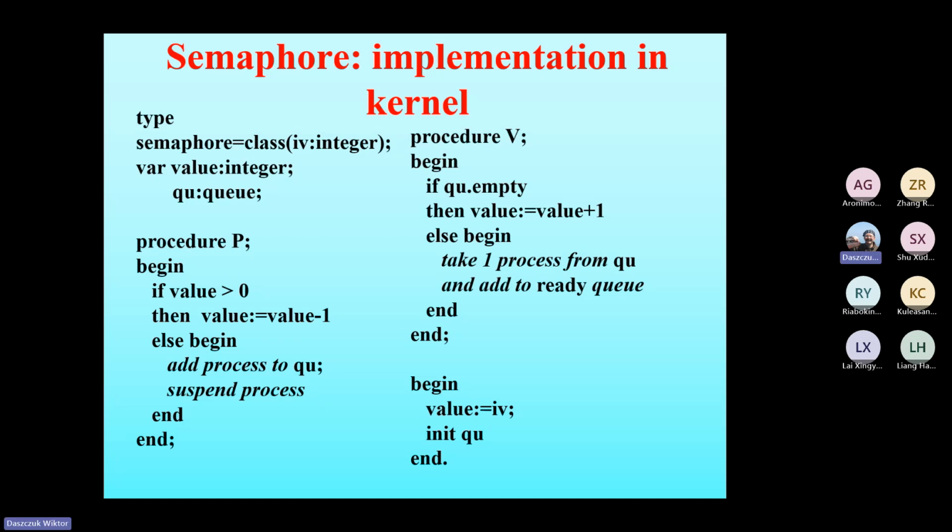So operation P is to check the value of the semaphore. If it's positive, simply decrease it and nothing more. If it's 0, enter the current process into the queue and suspend the process.